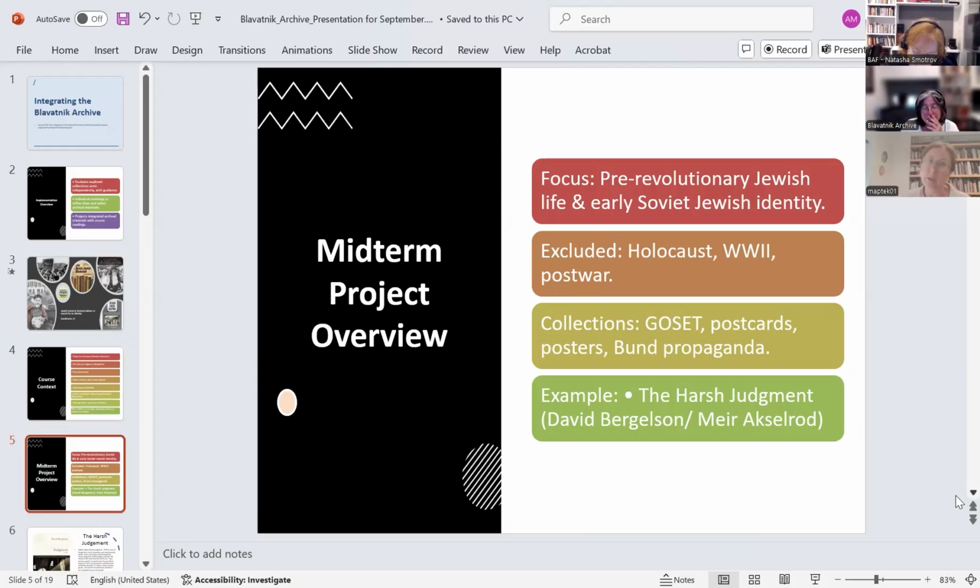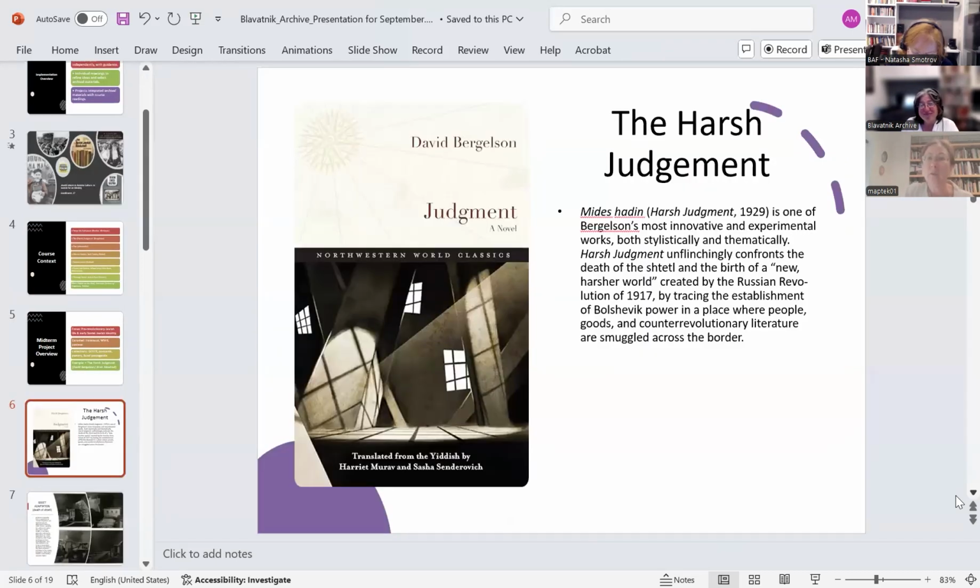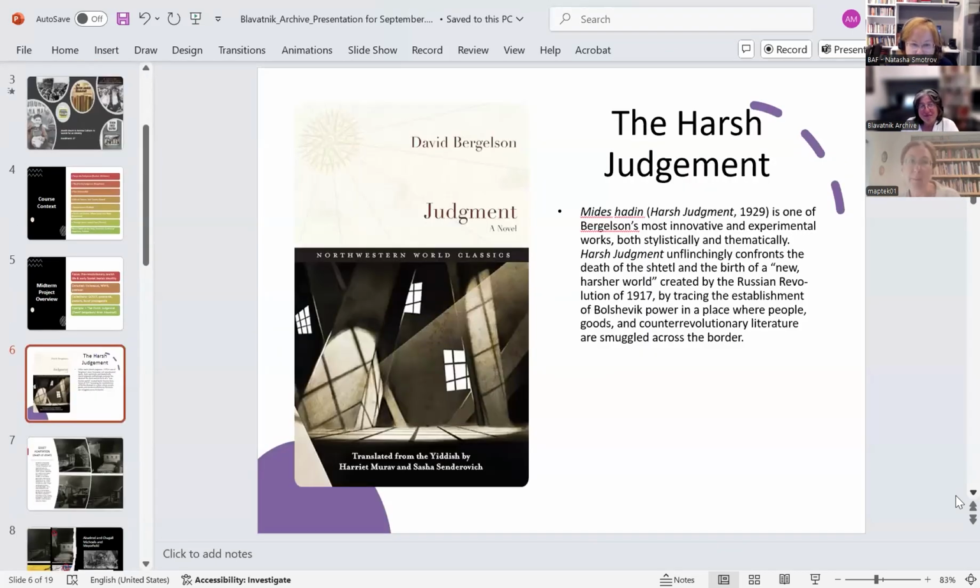Quite a lot of people wrote papers on this, and that was pretty exciting. I didn't know before the Blavatnik Archive that the recently translated novel by Bergelson, Hard Judgment, translated by Senderovich, was performed in the early 1930s, I think 1931 or 1932, I really don't remember, to tell you honestly, at the Moscow GOSET.